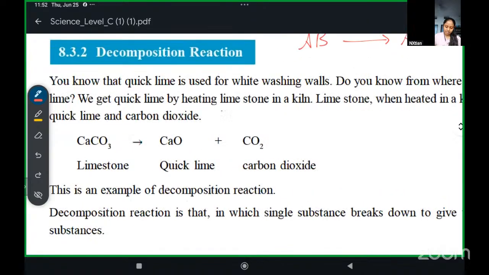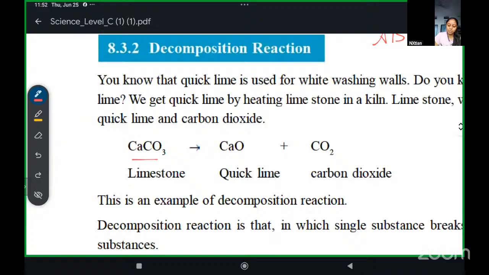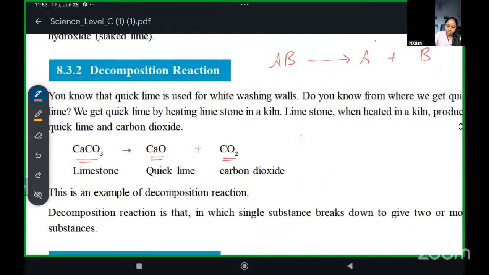An example is CaCO3, which is limestone. It breaks down to give CaO and CO2. Now I will tell you the breakdown.